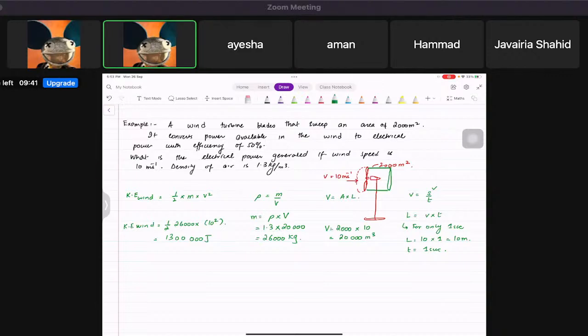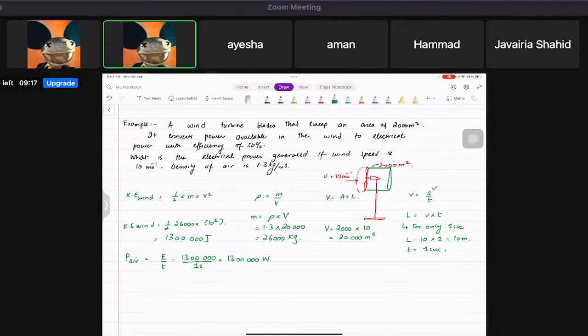So the power of air would be energy over time. The energy of air in 1 second was this, so I'm going to divide by 1 second. So this is going to be 1300,000 watts, the power that the air gives.